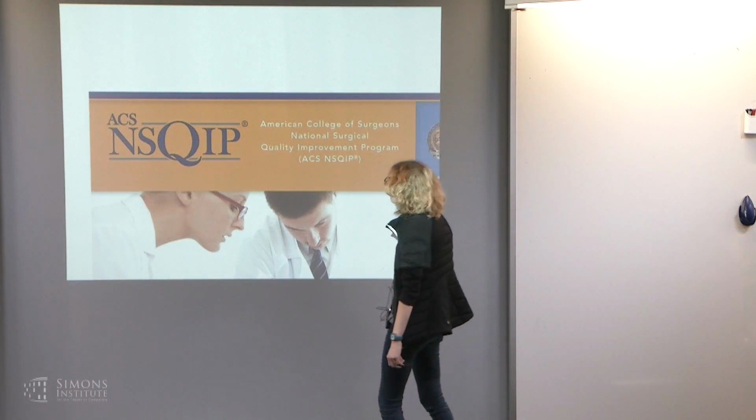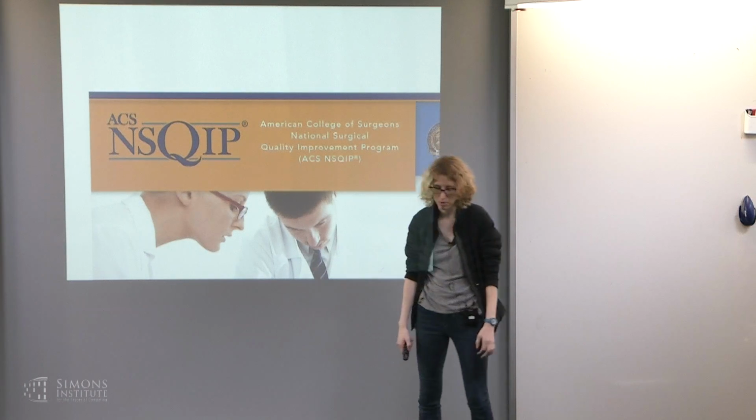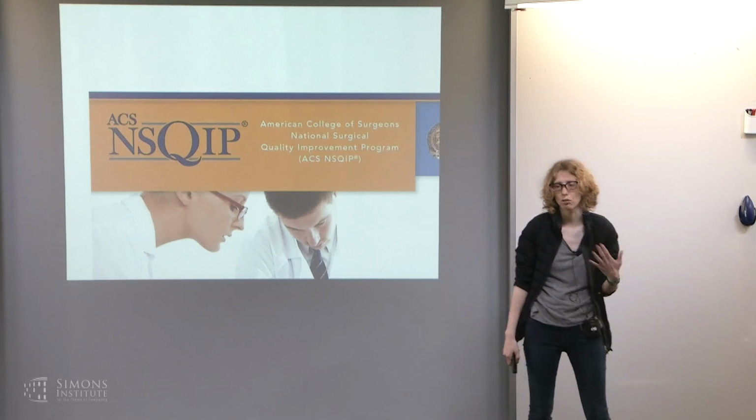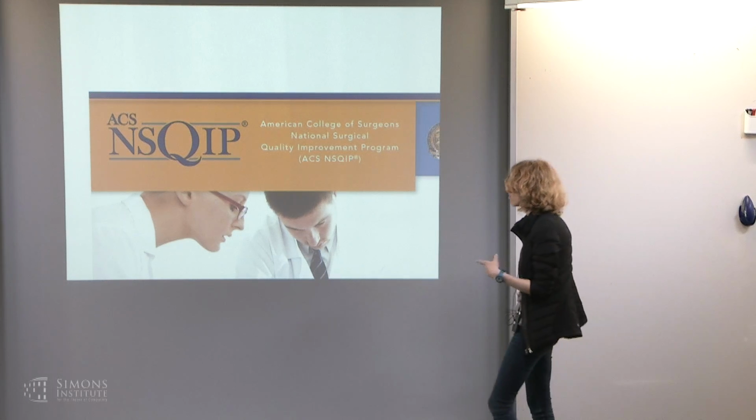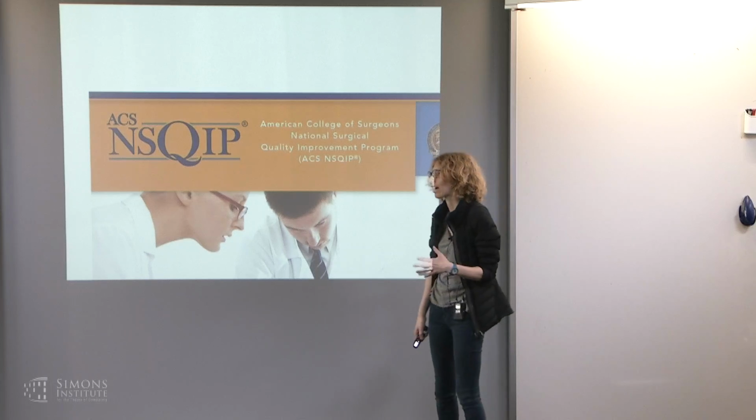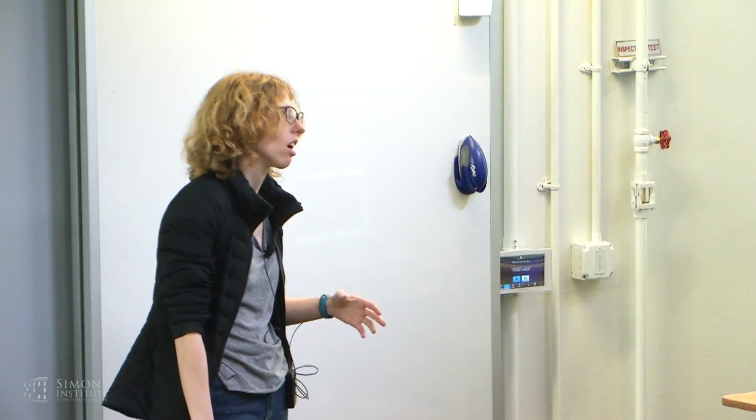And so the data that we actually use to address this problem, I had talked in the beginning about data that was pulled from our electronic health record system. And the data that we have here is actually, in a sense, better. It's called NSQIP data. NSQIP stands for the National Surgical Quality Improvement Program.